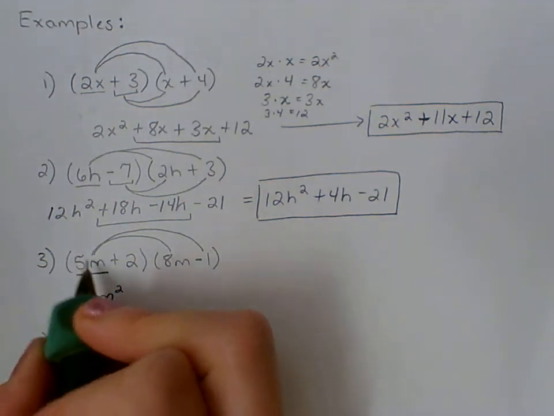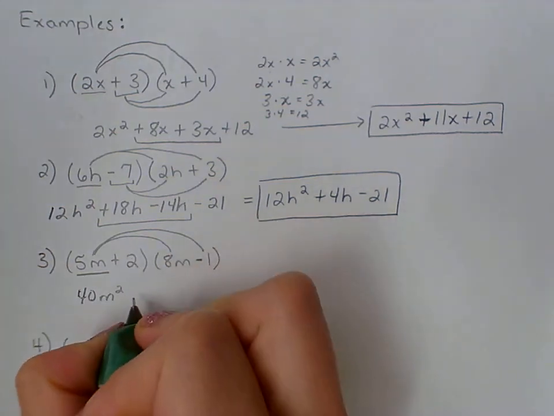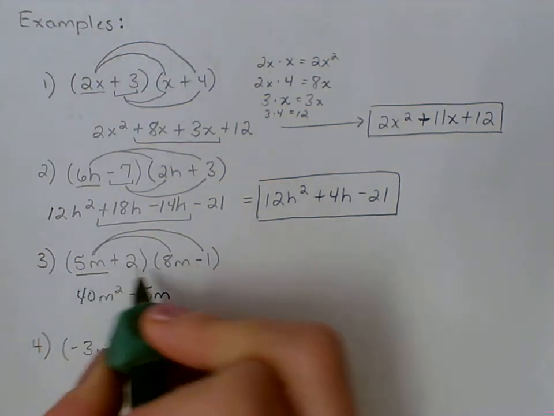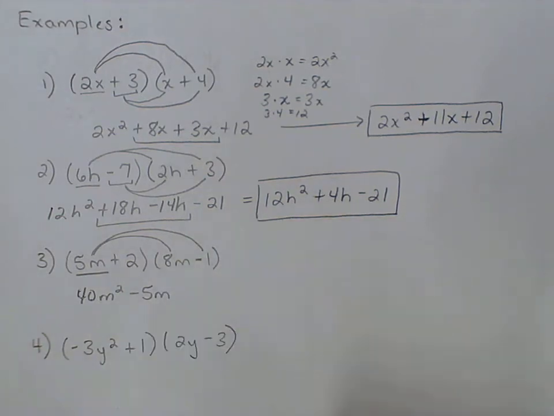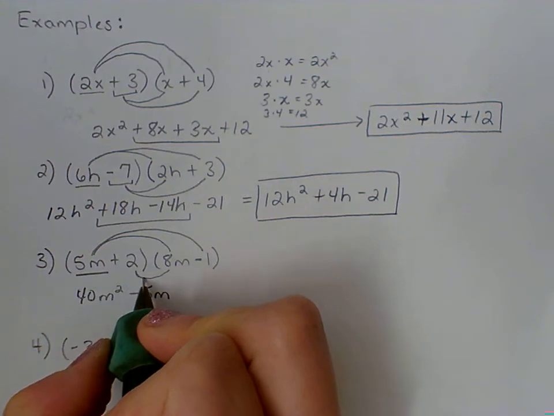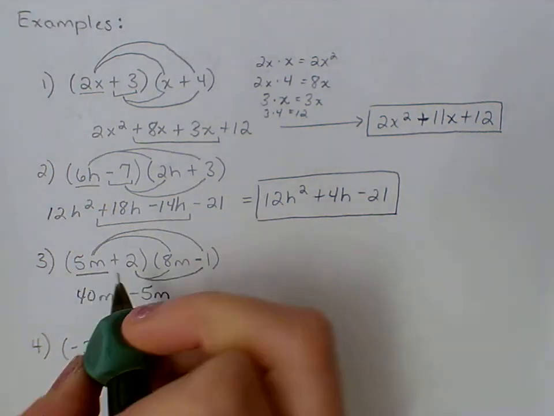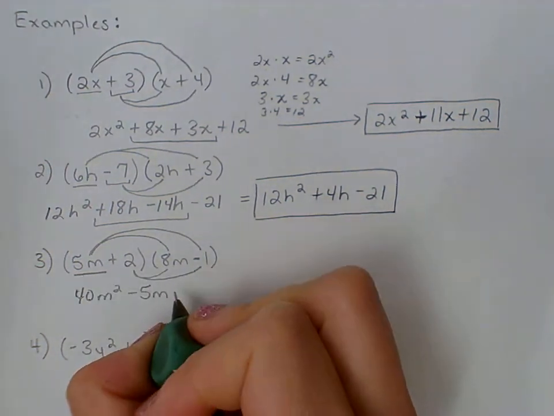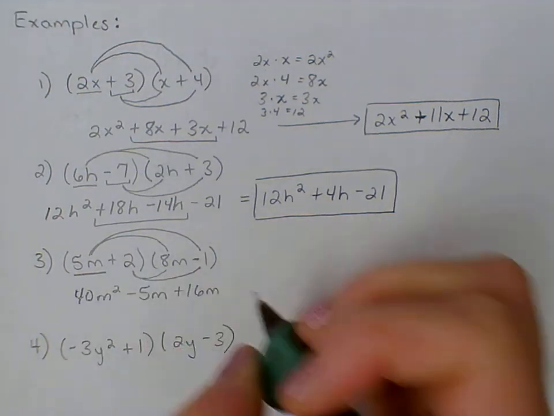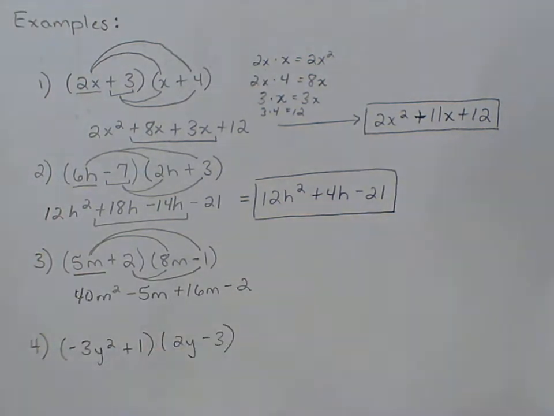And now we take the 5m times the negative 1, so that'd be negative 5m. And so that's everything with the 5m, because we've distributed it to everything. Now we take the 2, so 2 times 8m, and then 2 times negative 1. So 2 times 8m is a positive 16m, and then 2 times negative 1 ends up being negative 2.